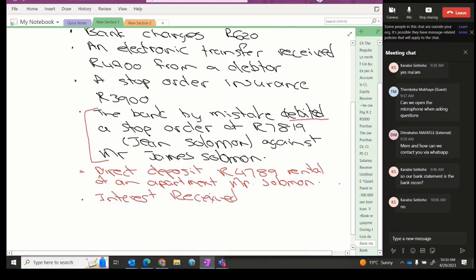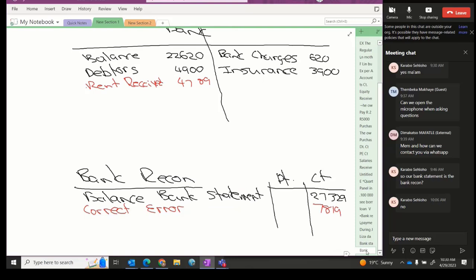Interest received on a favorable bank account of 450. So it shows on your bank statement that you received interest, and it's obviously not in your bank account yet.